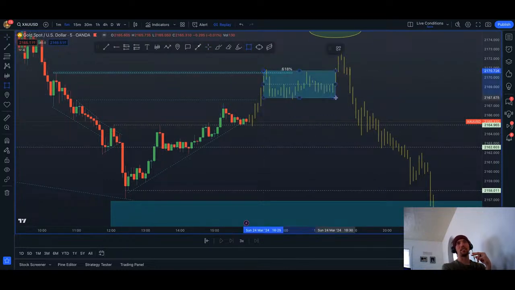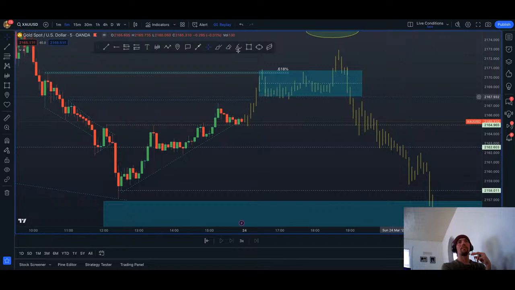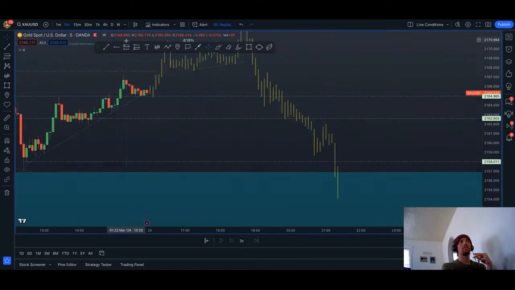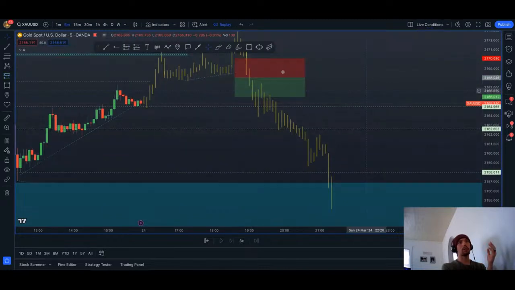Just be patient. If it forms some type of pattern up top here, where it forms another little double top type thing, then you could be looking again. Just be patient. Set your trade back below this.